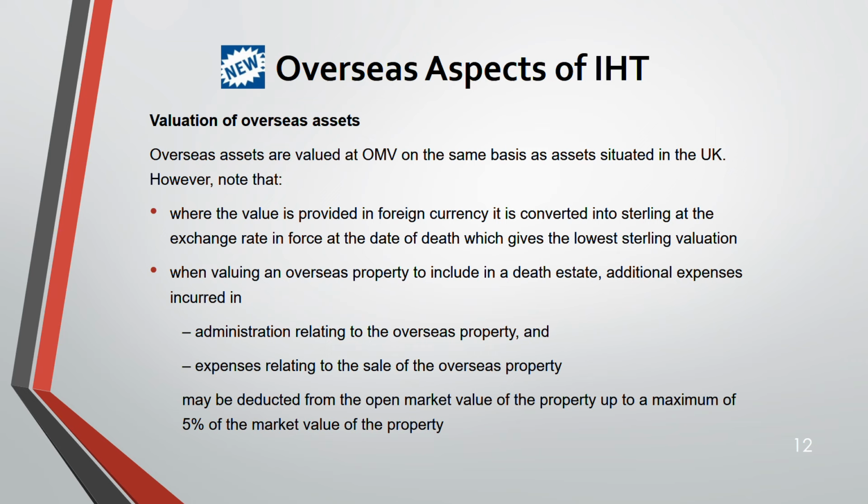More than 5% you can't deduct. Two types of expenses: one, admin relating to overseas property; the other one is selling. When you're selling the overseas property, whatever the expenses relating to that property, 5% you can deduct. If IHT is payable and overseas tax has been paid, double taxation relief may be due.